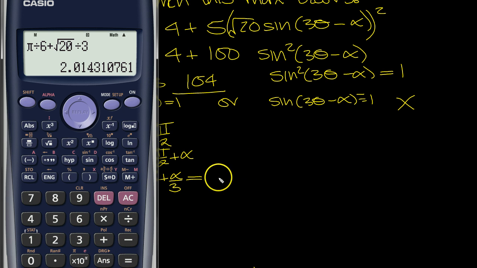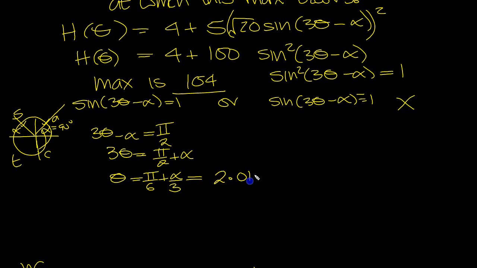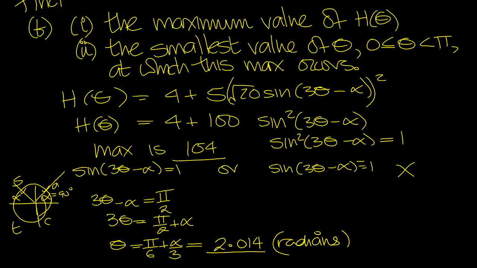That's 2.0143, so it's 2.014 radians. Okay, so that's the smallest theta, the answer there.